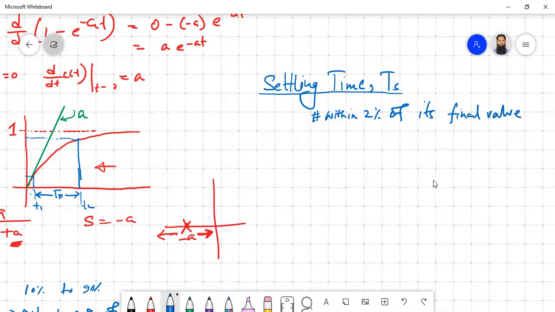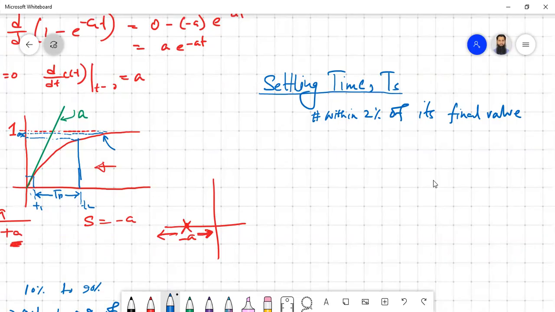Okay, so what does it mean? Either it may be 98% or 0.98, somewhere here, 98%. Okay, so for first order, it is always 98%, so keep it that way, 0.98. For the second order system, we'll look at it a different way, plus minus 2%.